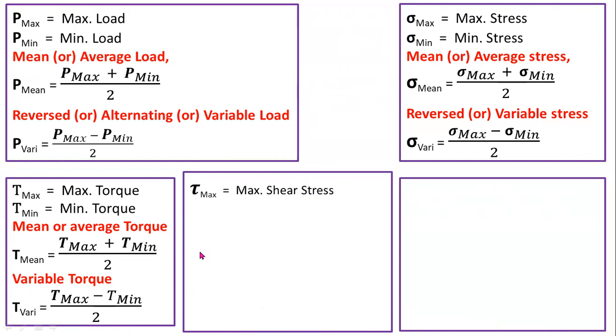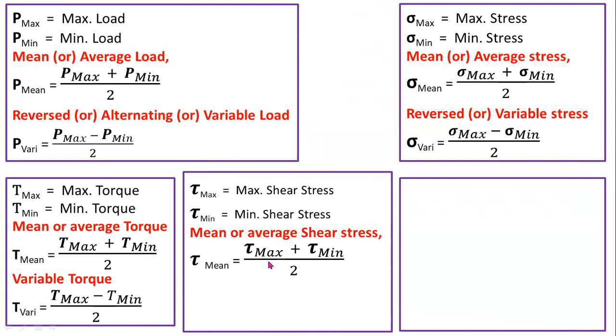For shear stresses, tau max is the maximum shear stress and tau minimum is the minimum shear stress. Mean shear stress tau m equals maximum plus minimum shear stress by 2, and variable stress tau v equals maximum minus minimum shear stress divided by 2.